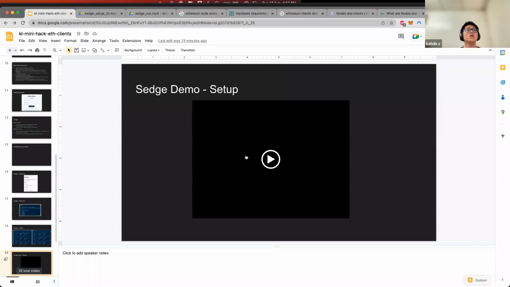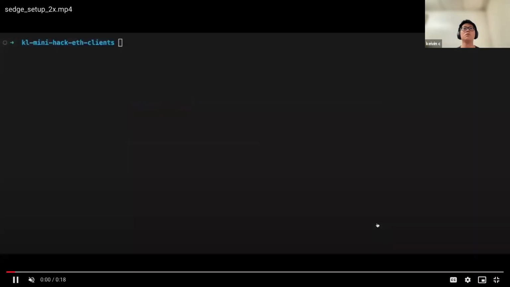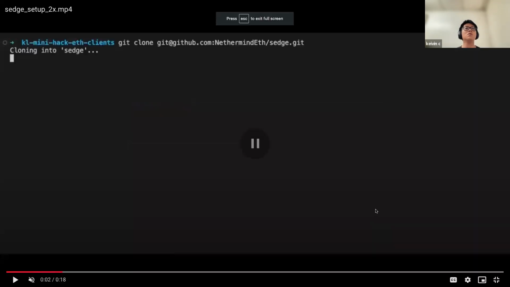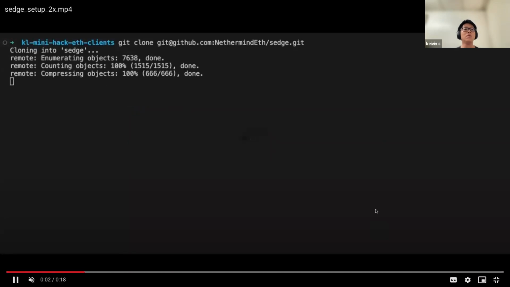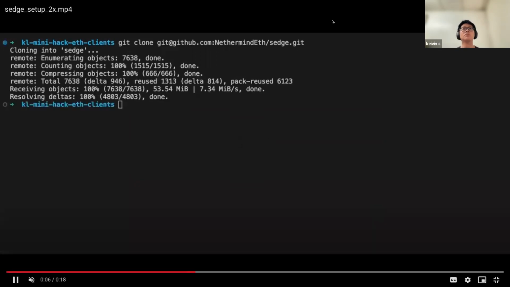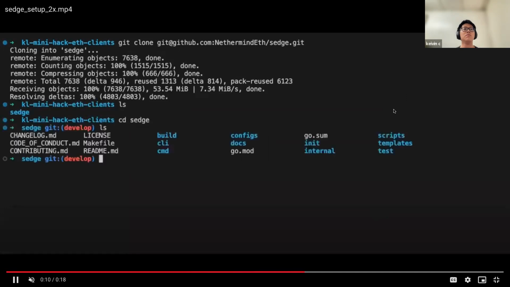Okay, so enough with all the talk. I'll just show you how easy it is to get up and running. Right here, I'm just git cloning from the GitHub repo. Once that's done, go into the folder and run make compile.